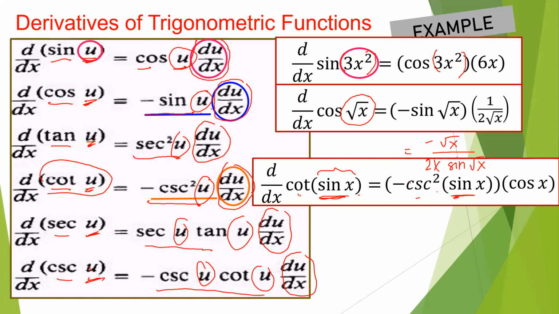Okay. Now for our next example, let's consider cosecant x squared. So ayun, by substituting x squared to our u, ayan yung ating formula. Tapos sa ating third factor, multiplier natin will be the derivative of x squared, which is 2x. Okay, so that's it for this set of derivatives.